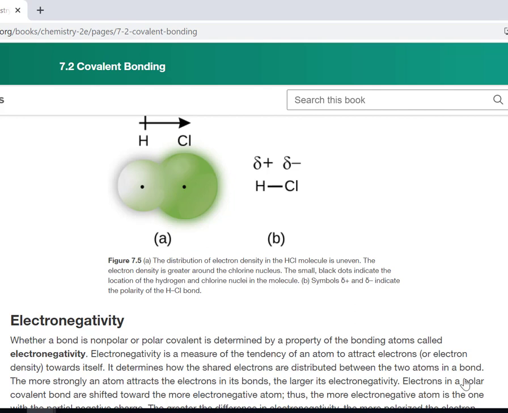We measure that with something called electronegativity. When you have a polar covalent bond, the electrons are more towards one of the atoms than the other, whereas when you have a nonpolar covalent bond, the electrons are shared more equally between the atoms in the bond.